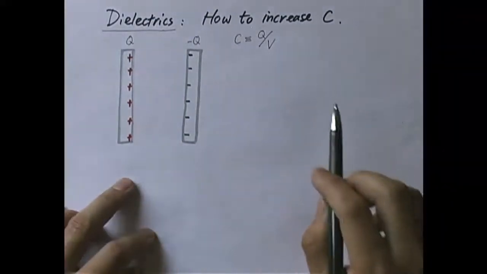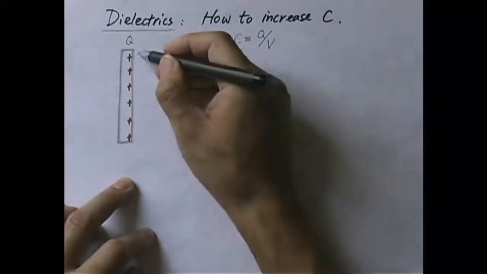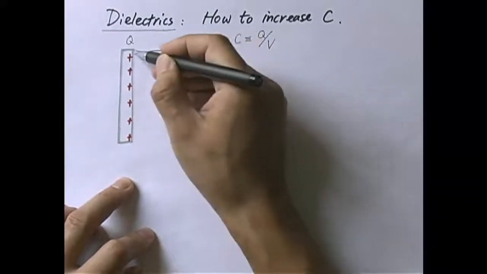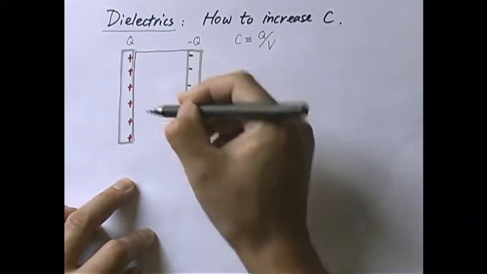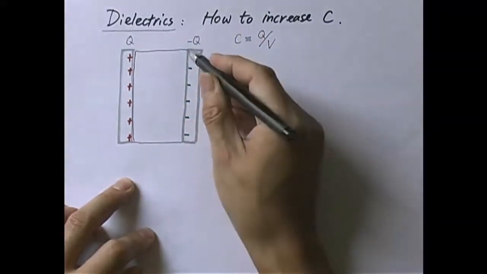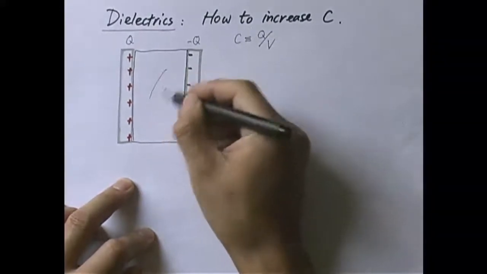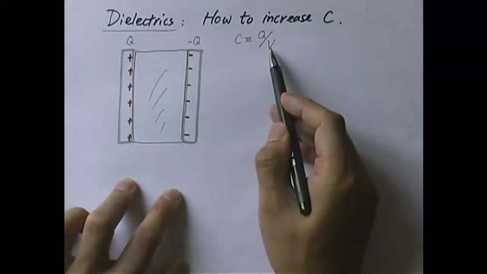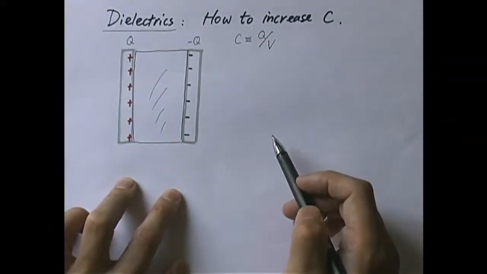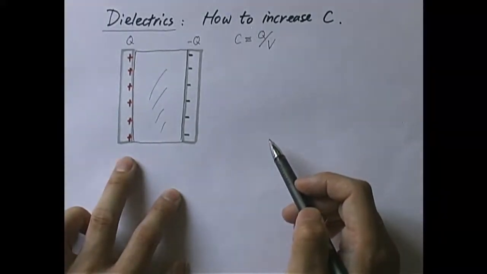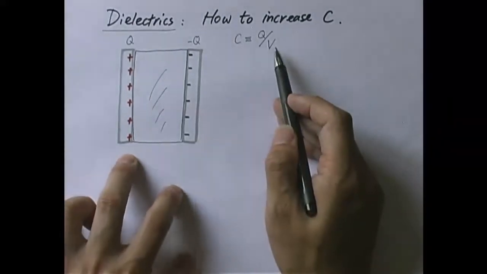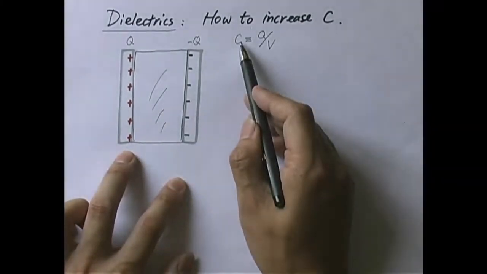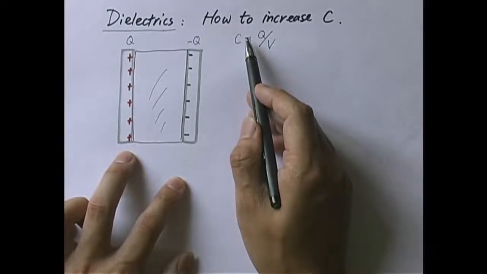Okay? In particular, if I insert a piece of dielectric to fill this air gap, as a result, when you measure V, you find V would drop by a factor, and as a result, C will increase by the same factor.